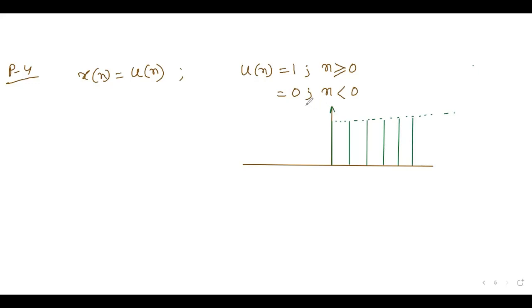This is your u[n], which is 1 and continues, at n equal to 0, 1, 2, 3, 4, 5 and so on.